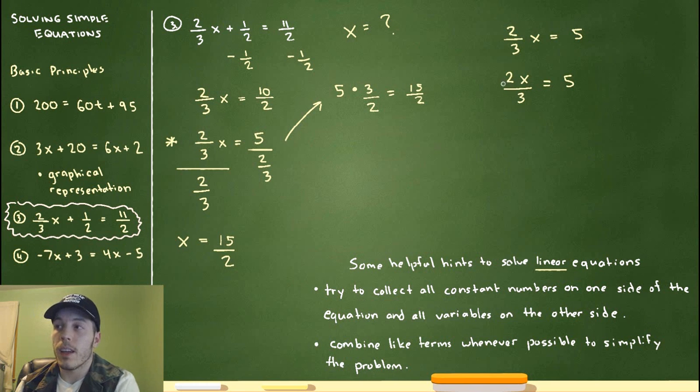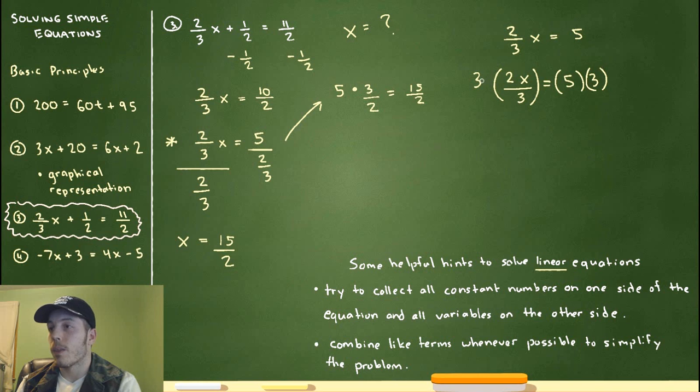So if we apply the inverse operation of multiplication, then we may be able to get rid of this 3. So if I take this left side and I multiply it by 3, this 3 and this 3 are going to cancel each other out. Okay, so I'm going to do the same thing on the right side. I'm going to multiply by 3.